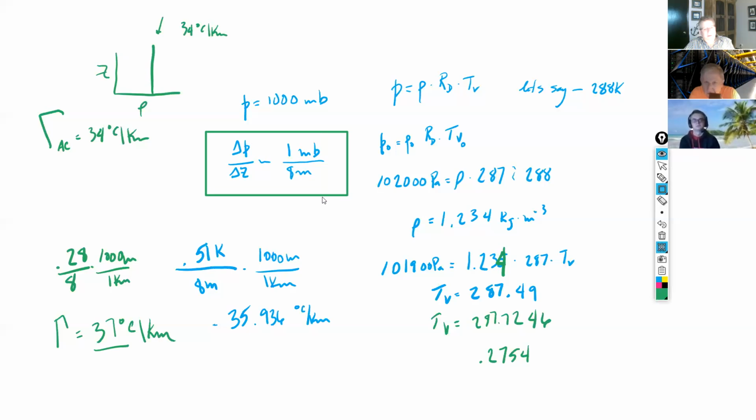Yeah. Because I said 1 millibar per 8 meters. So I bet you, just for the sake of it, take 0.51 over 8 and make it over 8.3. 0.51 divided by 8.3?